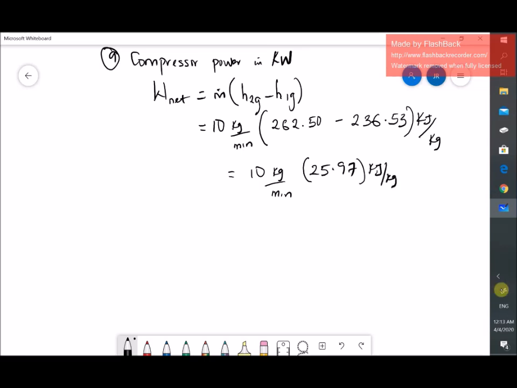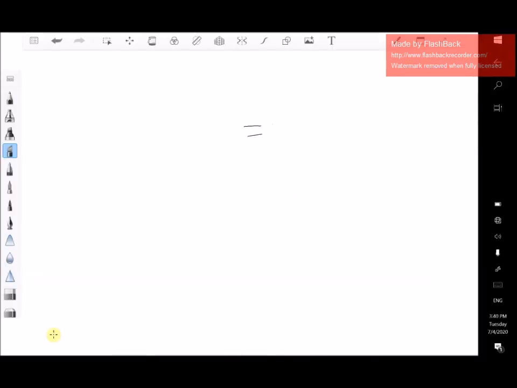Alright, so we now have 10 times 25.97, which gives us 259.7 kilojoules per minute. Now we are asked to convert these to kilowatts.